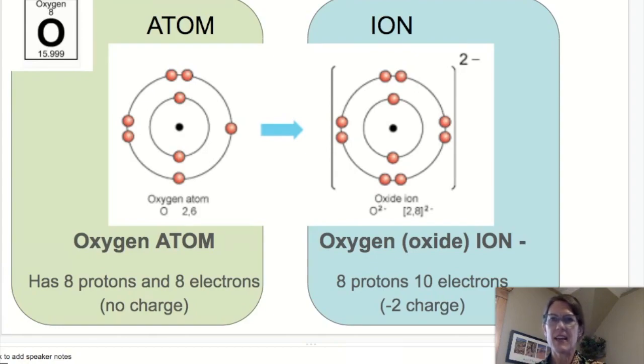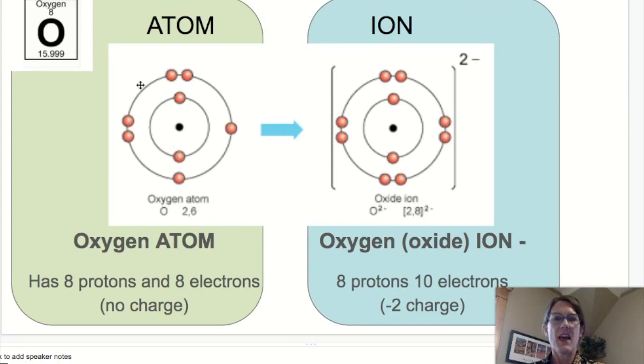So on this side here, we have an atom of oxygen drawn, and notice it has 2 electrons in the first energy level, and then 6 more in the second energy level to make 8. So that's the 8 total, and that means there are 6 in the valence electron shell.